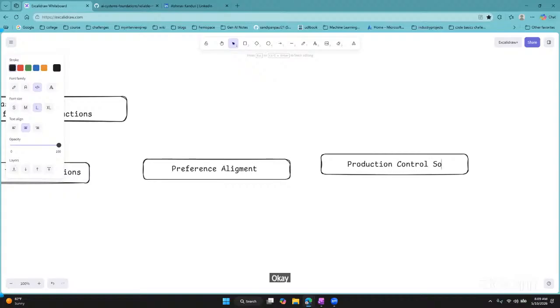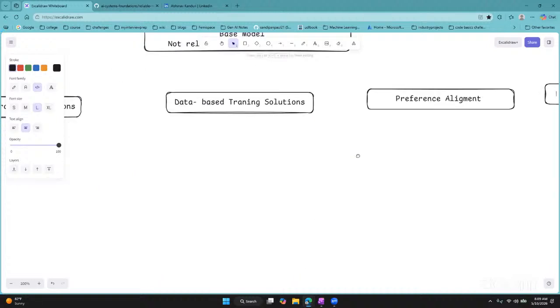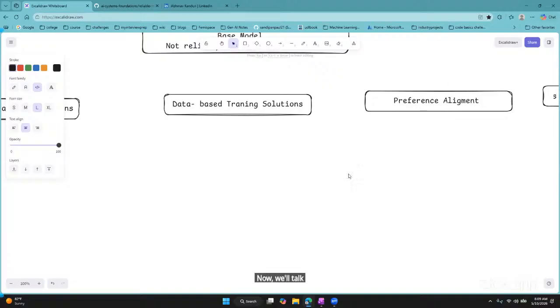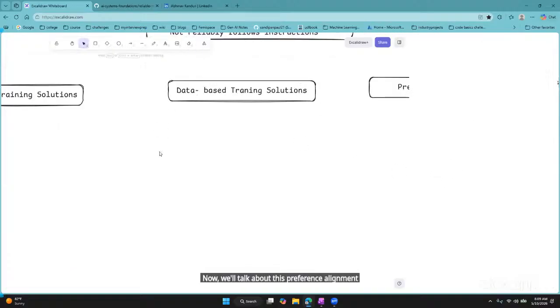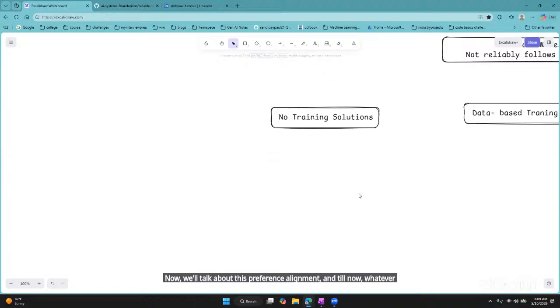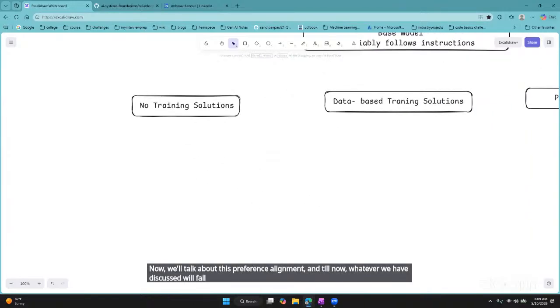Now we'll talk about preference alignment, and whatever we have discussed till now will fall in these two sets of categories. So what all did we discuss?